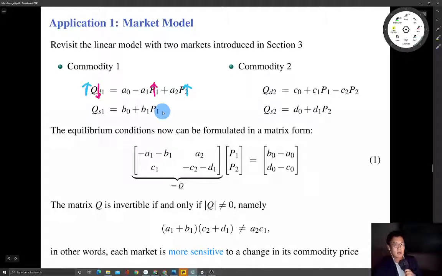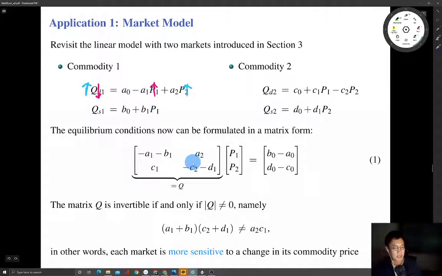Okay? So in this model, because every economic force, supply and demand, is given by a linear equation, we can adopt the linear algebra tools we studied so far to make a prediction in this market model.